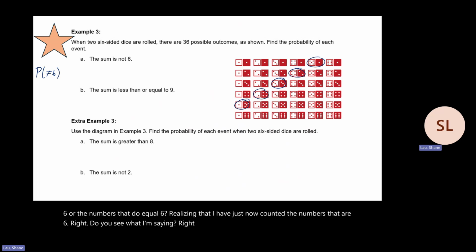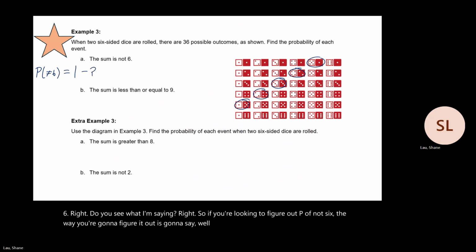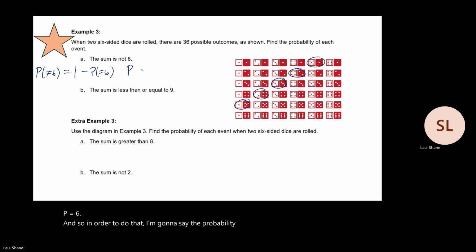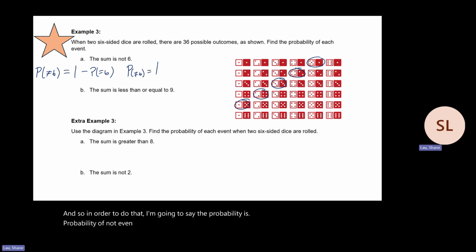Right. So if you're looking to figure out P of not 6, the way you're going to figure it out is going to say, well, 1 minus P of 6. That's one way to do it. And so in order to do that, I'm going to say, well, the probability of not equal to 6 is equal to 1 minus, and I have 5 possibilities of equaling 6 out of a possibility of 36.